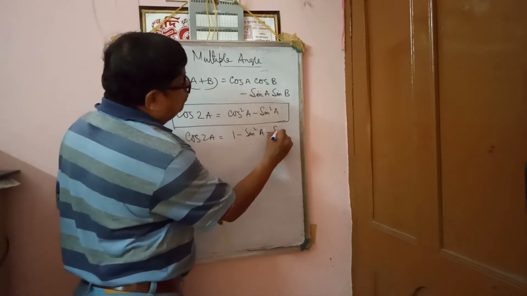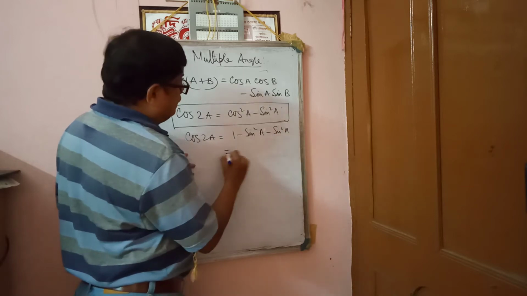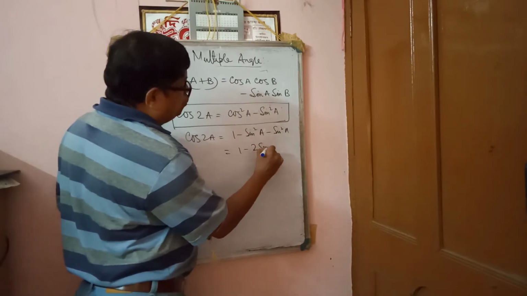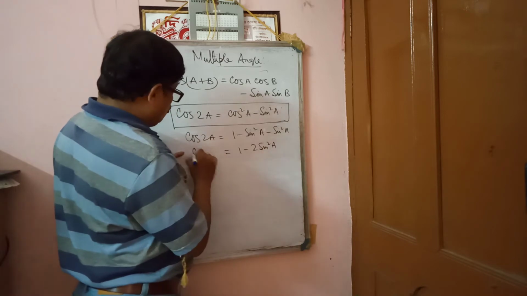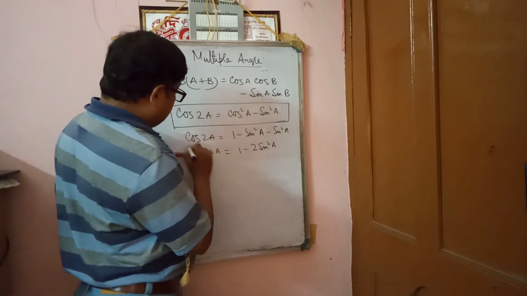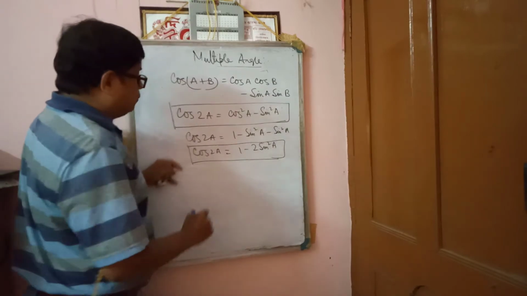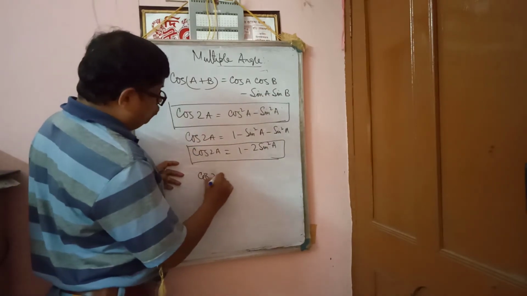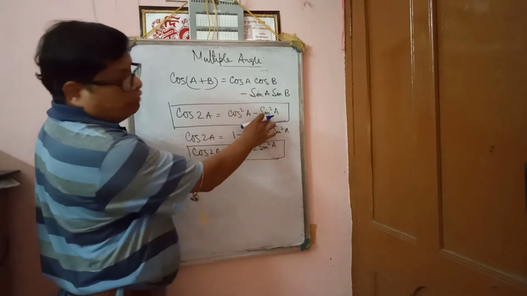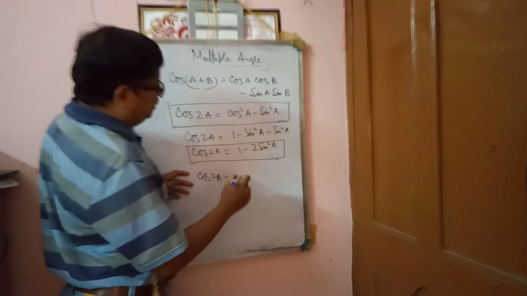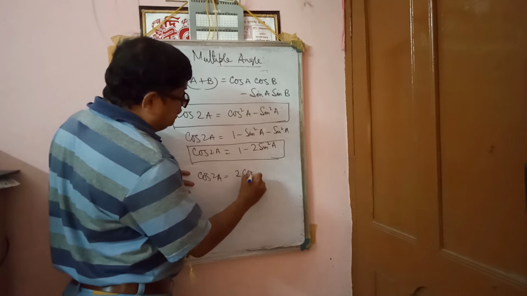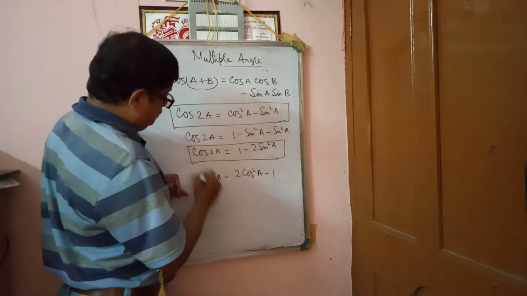Here again sin square A is there, so you can write 1 minus 2 sin square A. So cos 2A equals 1 minus 2 sin square A. In a similar way, cos 2A, sin square A can be 1 minus cos square A, so it will be 2 cos square A minus 1.